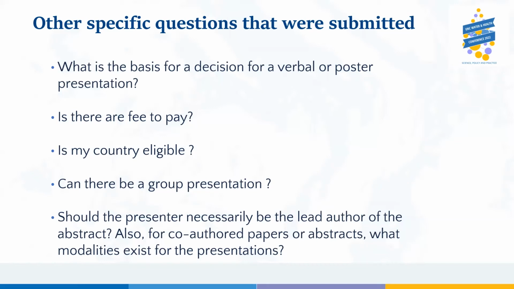It's not always the lead author on the paper. Sometimes it might make sense for someone else to present that paper or poster, depending on maybe the second author being available at the conference and the first author not. And so someone else may present it. There have been some instances of a group presentation where two people are at a poster presenting or two people are presenting at a verbal talk as well.